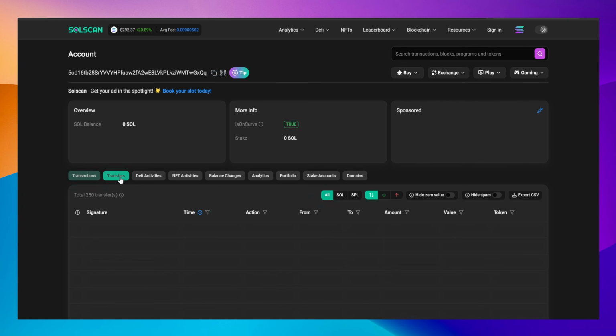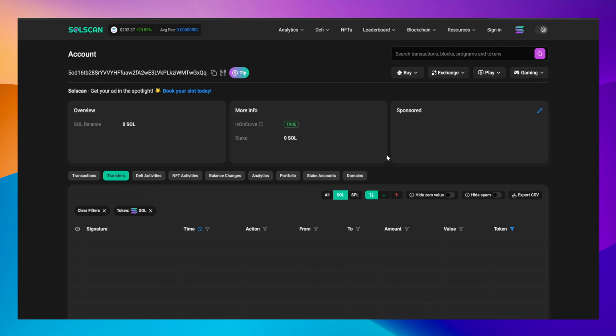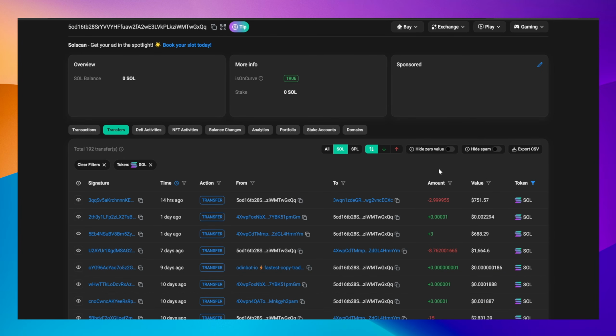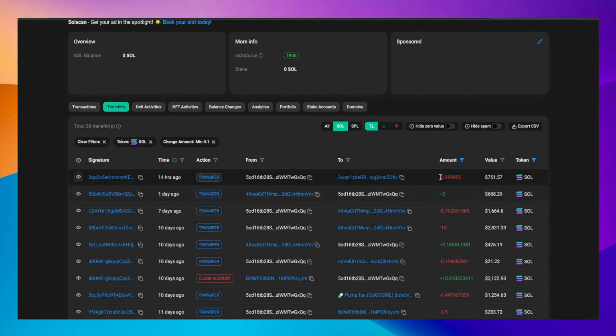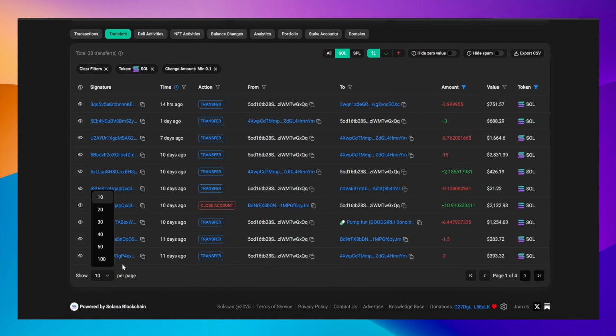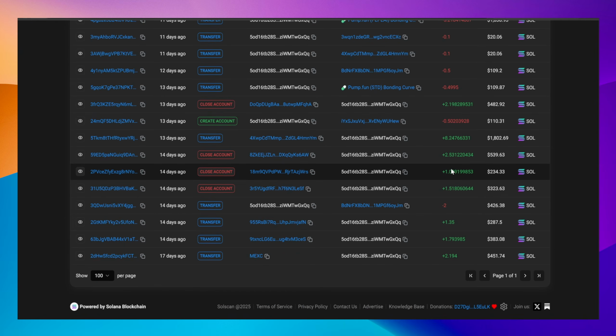First of all, I go to the transfers. We are looking for Solana transfers. Why? Because the Solanas are what is being used to fund the wallet and to trade. So I'm going to go here into the Sol tab, and I'm going to click on amount. I'm going to put above 0.1, so I hide all those spammy transactions, show 100 transactions per page, and I'm going to go to the latest page.